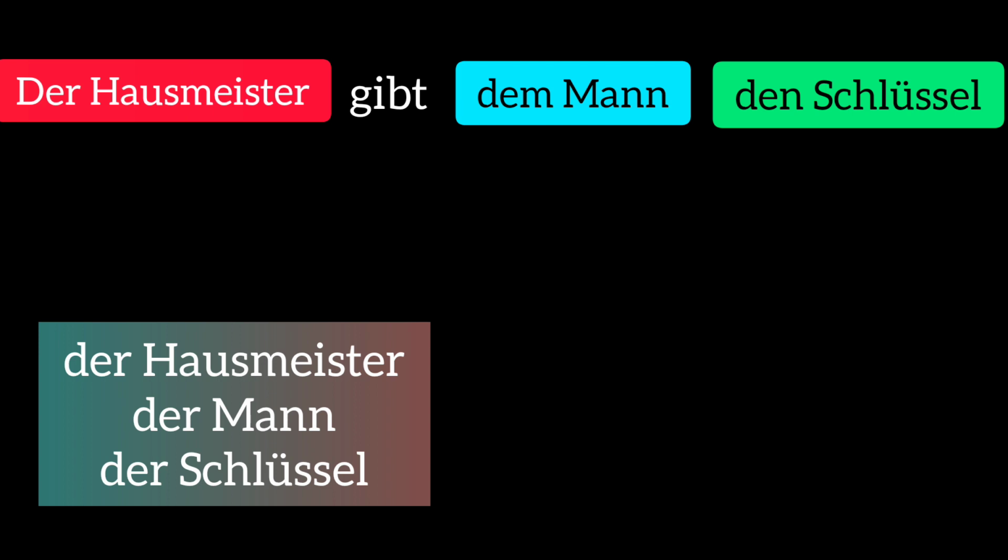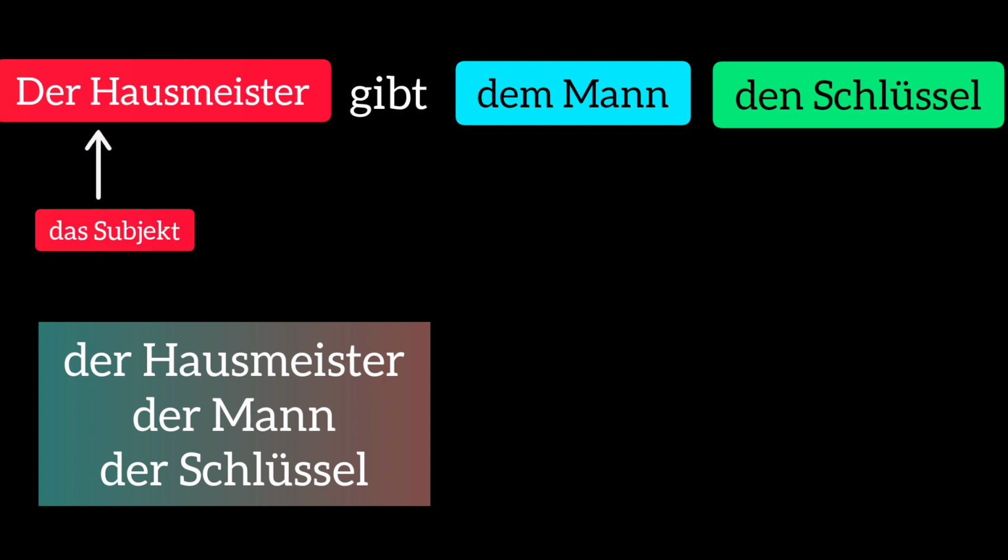As mentioned previously, the person who is doing the activity is the subject of the sentence and is always in its nominative form. So, here in this sentence, who is doing the activity? The caretaker, der Hausmeister.